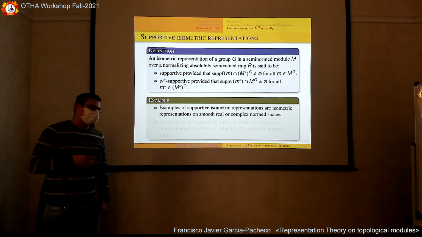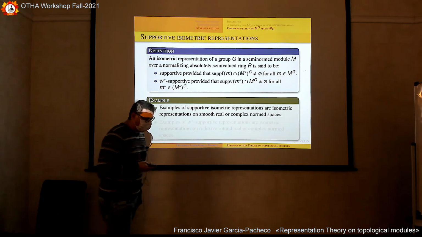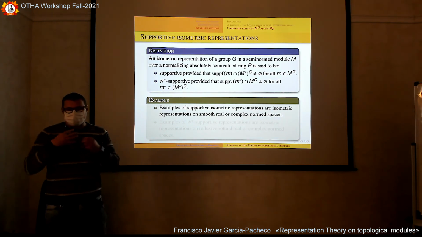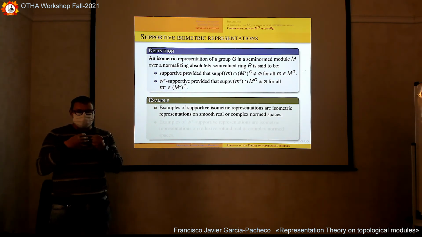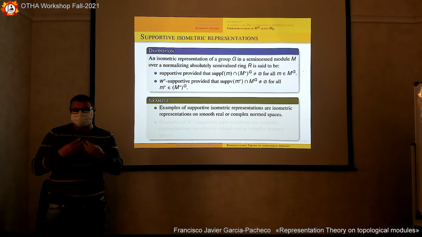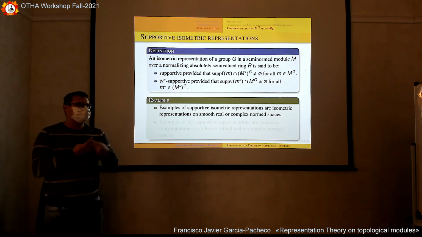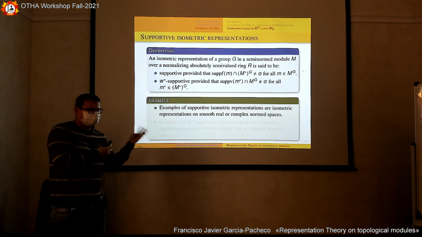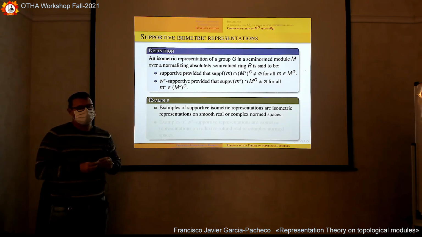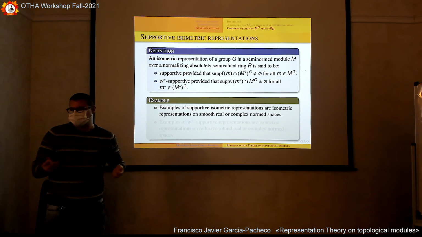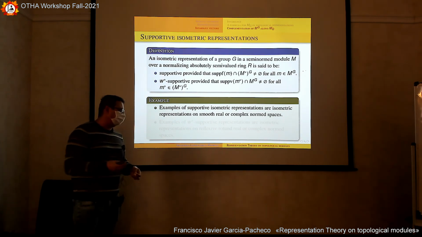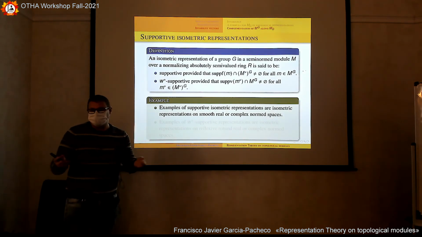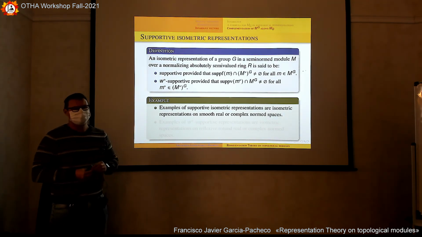I connect it more with topological modules, from the perspective of topological vector spaces. What they do is more differential geometry, and this is more functional analysis. But Kashdan is one of them. Actually, he has a couple of books on representation theory which are like the Bible on that.